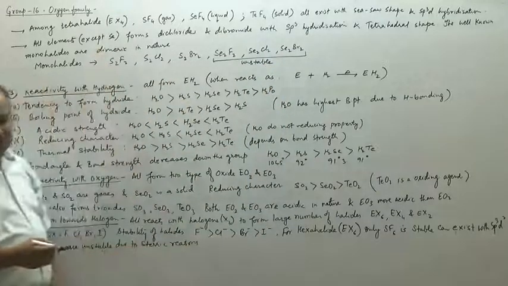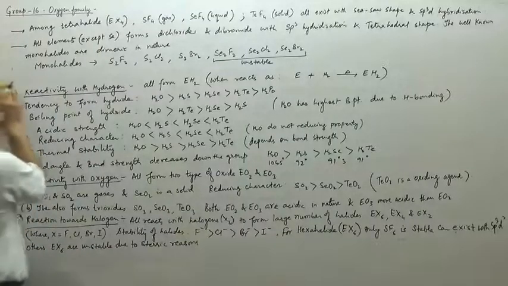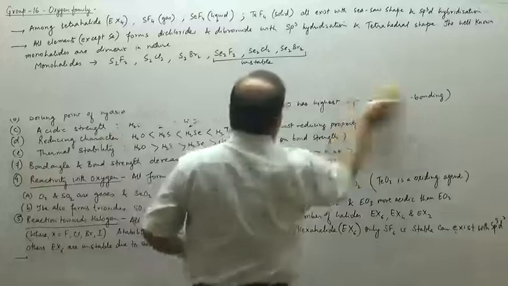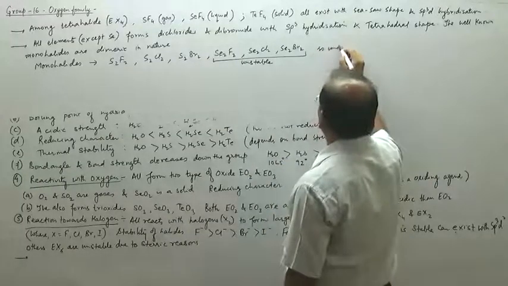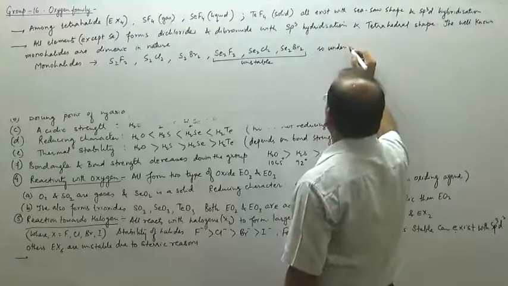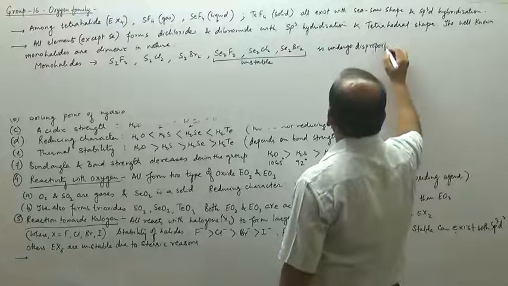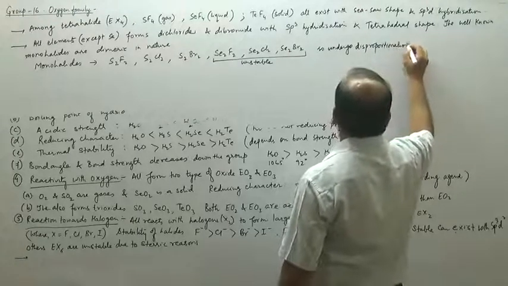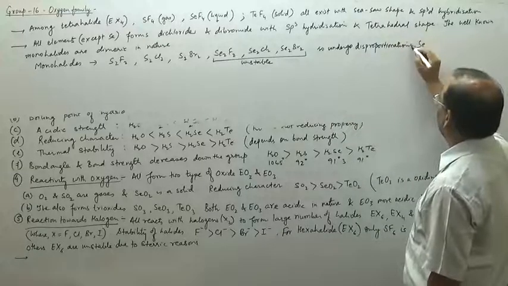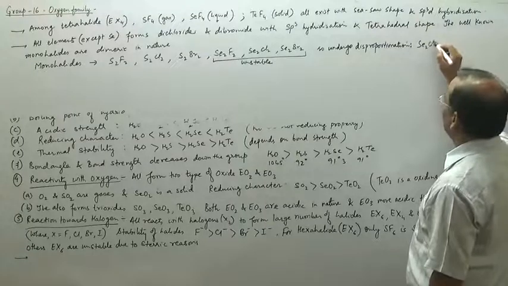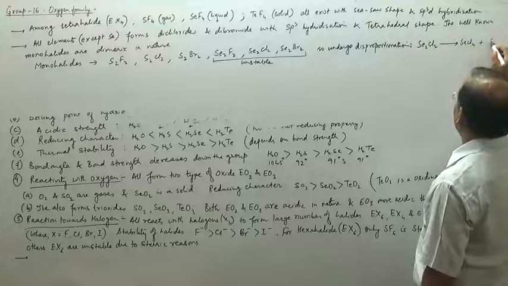Since they are unstable, they undergo disproportionation. One example for the disproportionation is that Se2Cl2 will disproportionate to give SeCl4 plus Se.